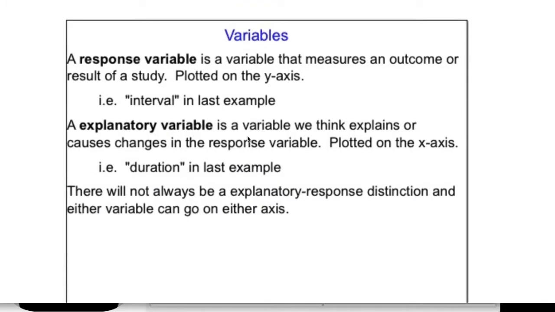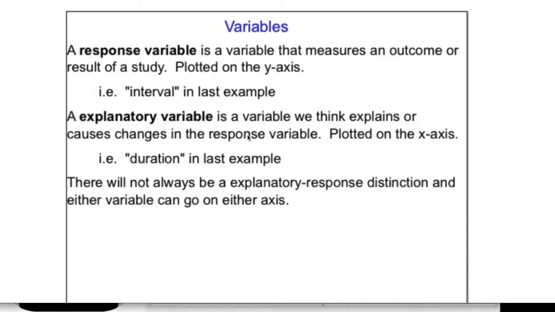So there are 2 types of variables when we're talking scatter plots: a response variable versus an explanatory variable. And I ask you just to think about why they would be named those. I'm going to go out of order. An explanatory variable is something that we think explains the response variable. And then the response variable is the response to the explanatory variable.